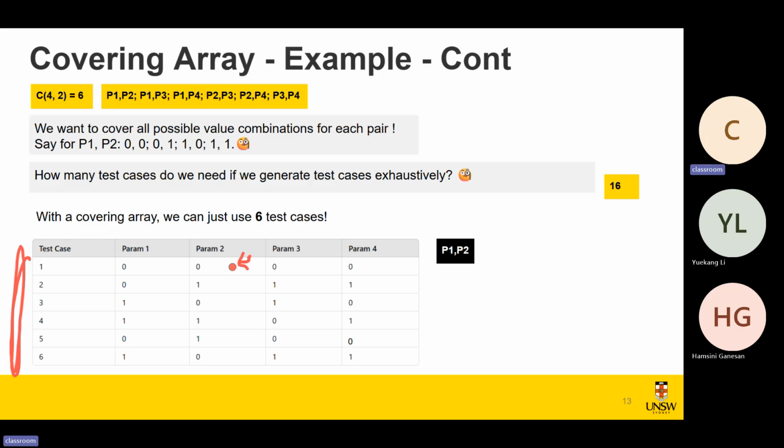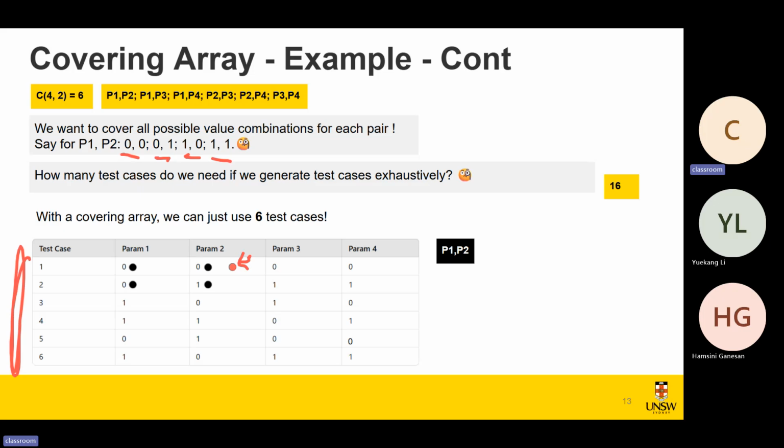So remember we have 6 different combinations. So first, let's consider P1 and P2. For P1 and P2, we need to cover 0, 0, 0, 1, 1, 0, and 1, 1, right? So we can use test case 1 to cover the combination of 0, 0.